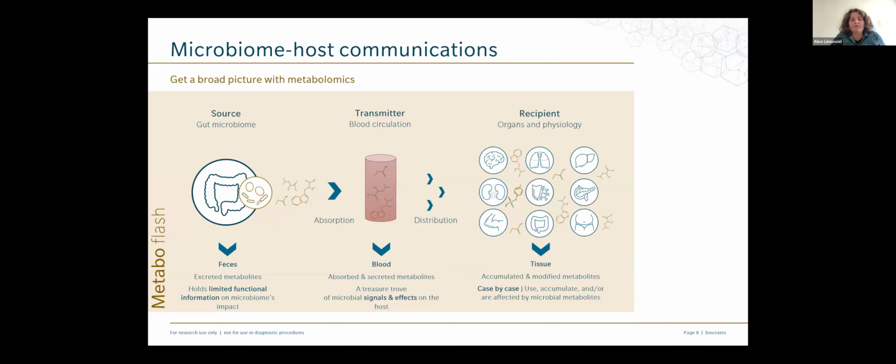And I will show you a couple of studies where, for example, there are microbial metabolites that are perfectly quantifiable in brain samples from humans. So nothing is stopping anyone from looking for microbial metabolites in organs. And really what matters is what you're studying and where you want to look at the impact of your experiment.